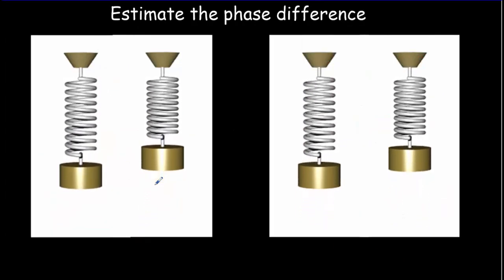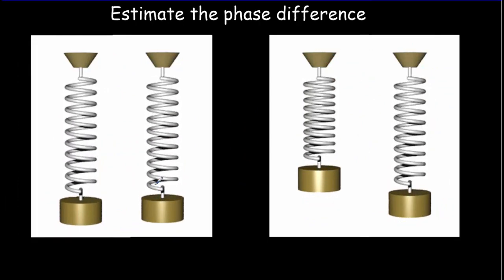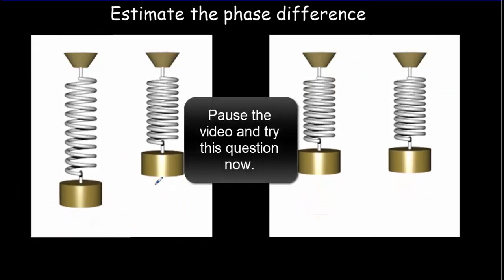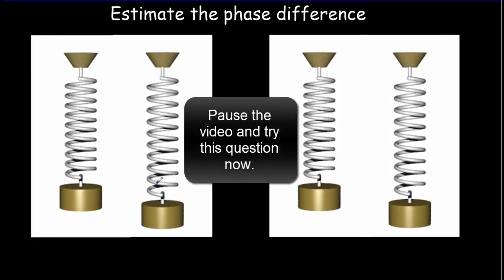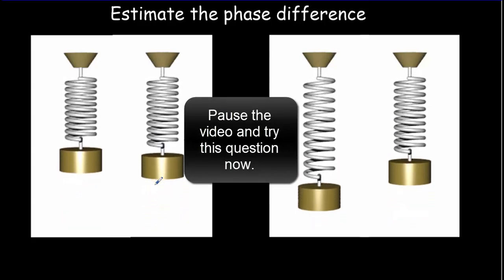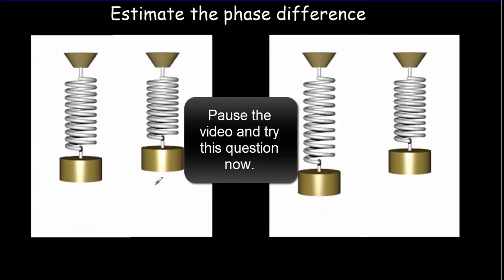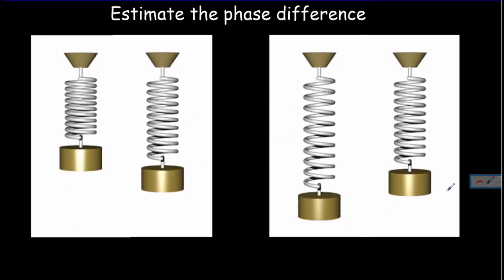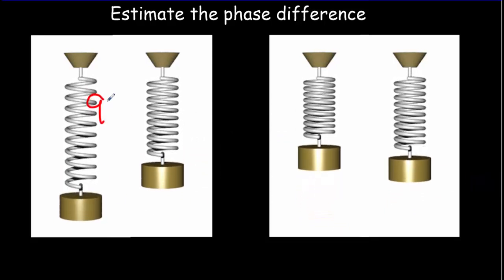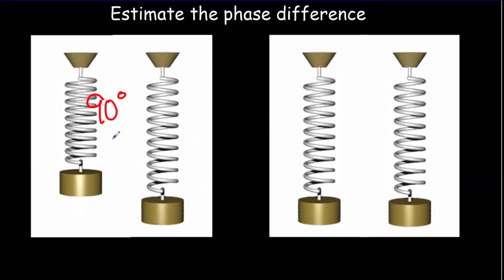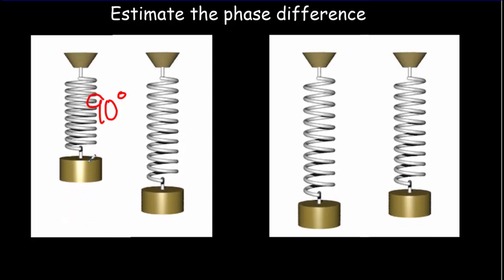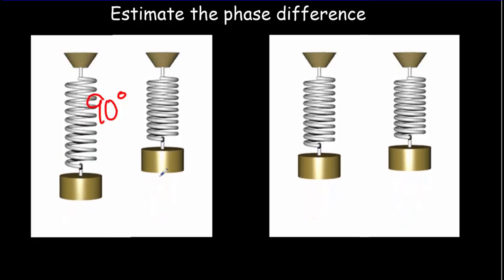Now this isn't going to be very accurate, but see if you can estimate the phase difference between these two pairs of oscillators. So pause the video, try the question, come back for my estimates. This first one here, I'd say the phase difference is getting pretty close to 90 degrees. And I noticed that as one gets to an endpoint, this one's in about the middle.